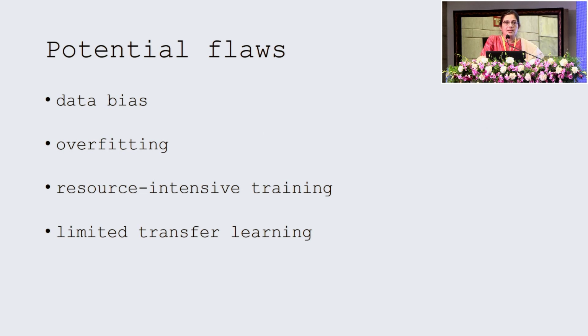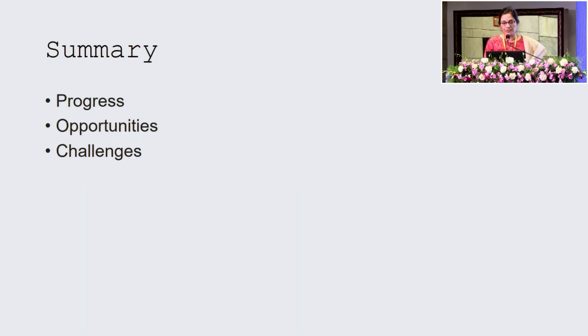Training is resource intensive. Any ML model that you want to train needs hundreds of thousands of data points to train and then to test on. And then the transfer of learning is limited. What has been trained on a Caucasian population may not apply to our Indian population. So lots of the challenges and difficulties, especially when we come to our Indian scenario.